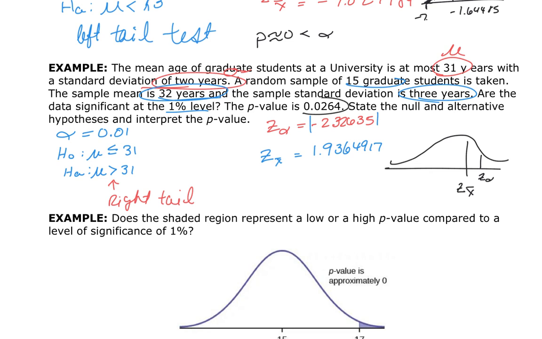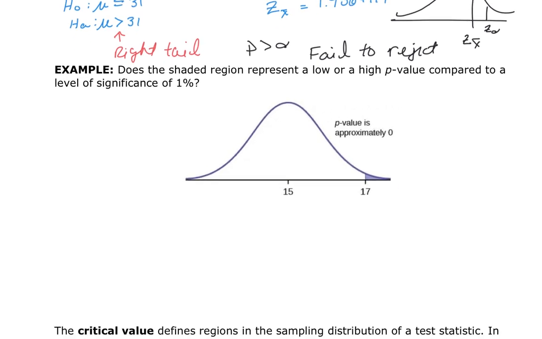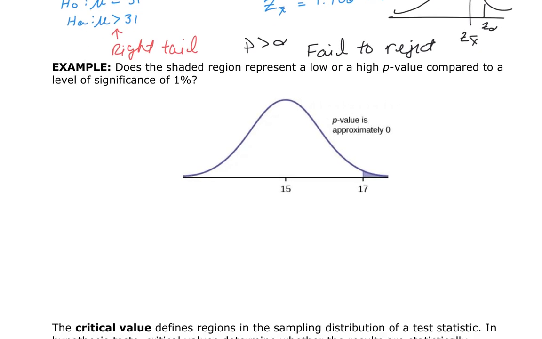Also, it's telling me my p-value is greater than my alpha, so I fail to reject. There's not sufficient evidence to conclude that our data does anything other than support the status quo.